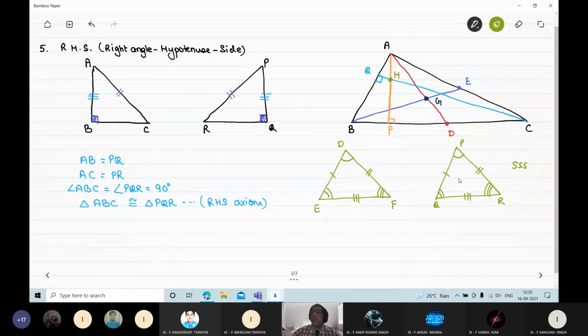So now you can use SAS or AAS, you can use any criteria after that. It doesn't make a difference, but to prove it you need one criterion, whichever criterion you think is suitable.